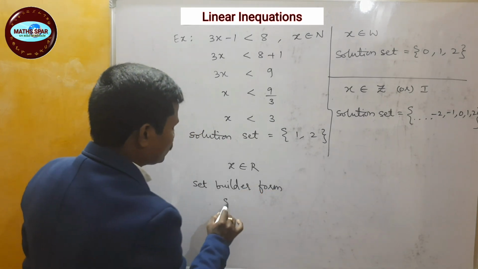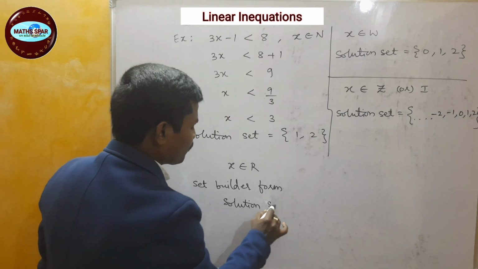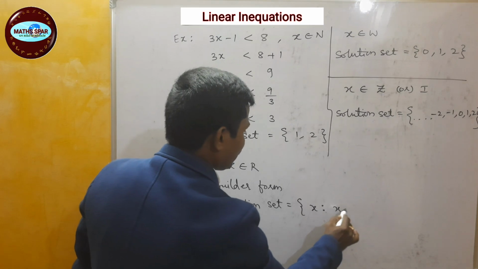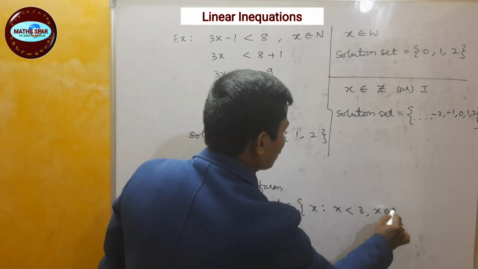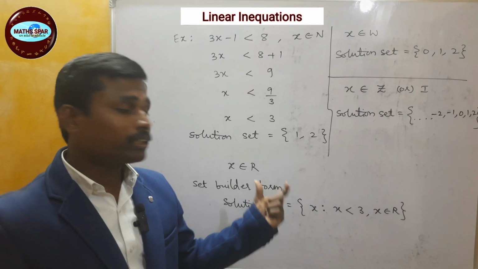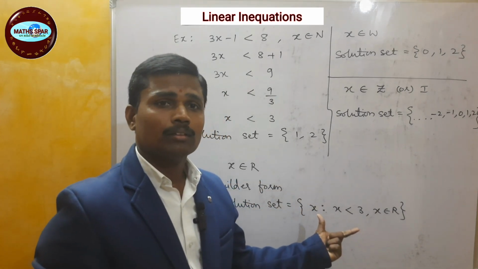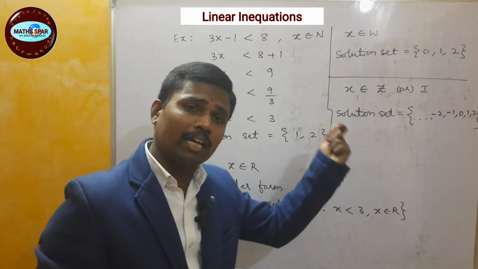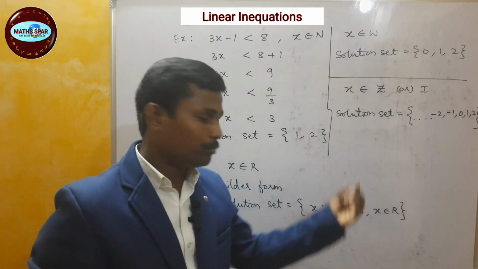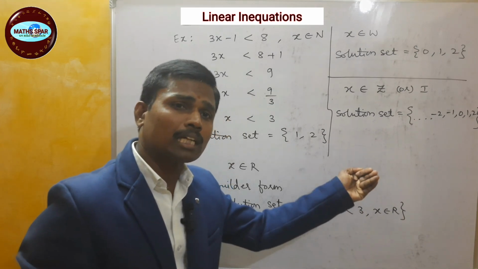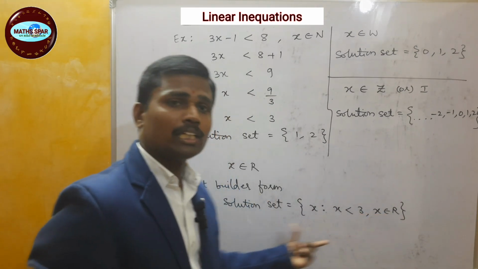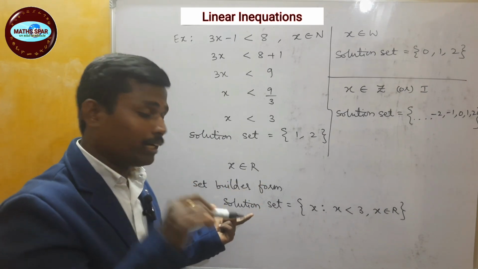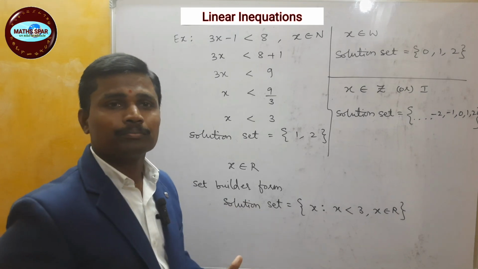That is, the solution set will be written as x such that x is less than 3 and x belongs to R. Means whatever numbers are coming before 3, including 2.9999999 and so on, except 3 itself, will come under this solution. So this solution set of real numbers will always be given in set builder form.